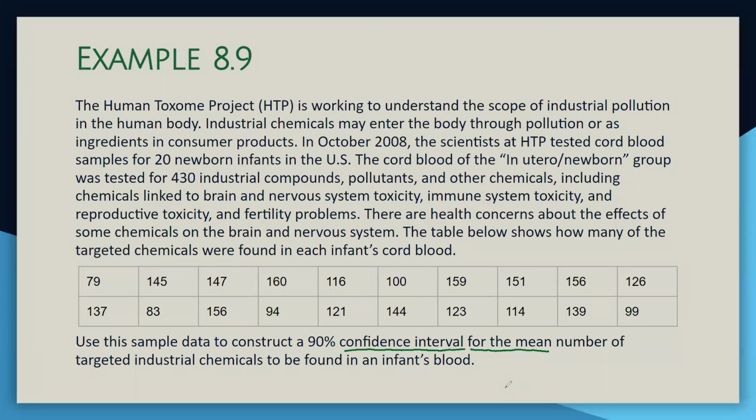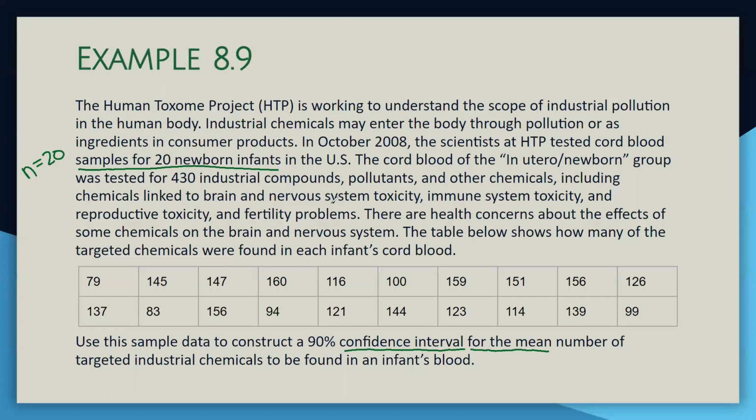So second read through, first sentence tells us we're looking at industrial pollution in the human body. Second sentence tells us sample of 20 newborn infants. So n equals 20. The next number they give us is 430 industrial compounds.